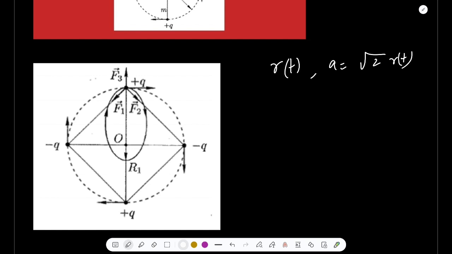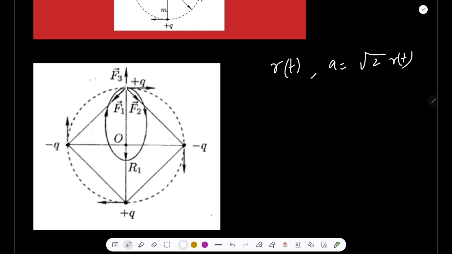Now let's look at one of the points that is here. It is affected by the forces F1 and F2, both attractive, and F3 from the other particle, that is plus Q.